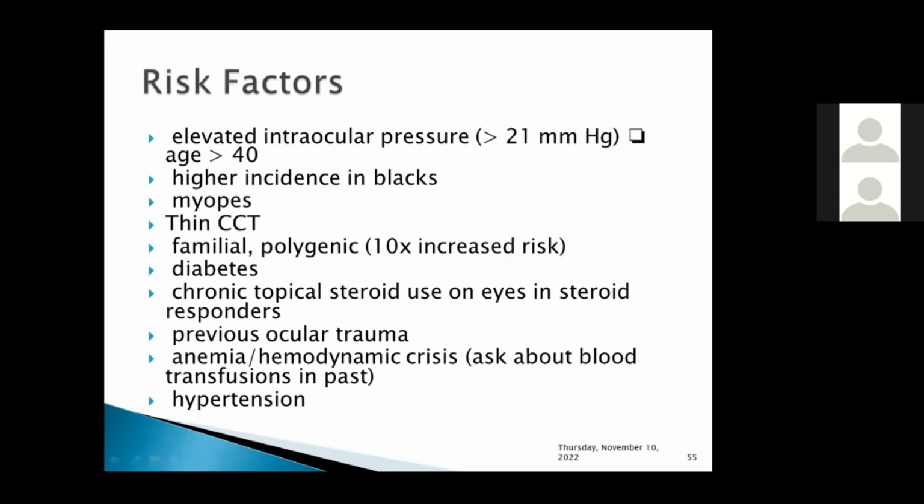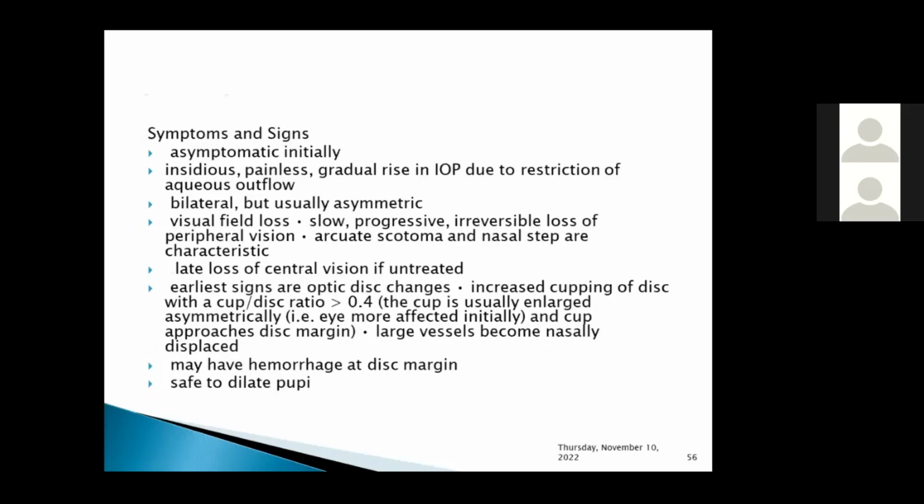So the symptoms and signs: the problem with glaucoma, especially primary open angle glaucoma, is that there is no symptom. It is insidious, a gradual rise in IOP of which the patient is not aware. Usually it is bilateral around 60-70% of the time, but asymmetric. Visual field loss progresses slowly, but the visual loss is irreversible.